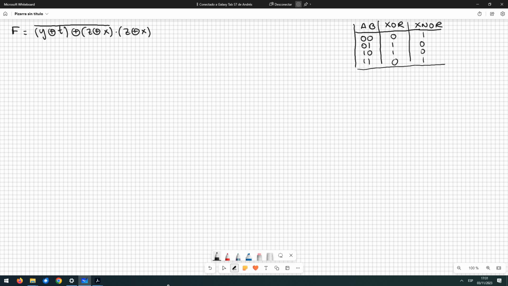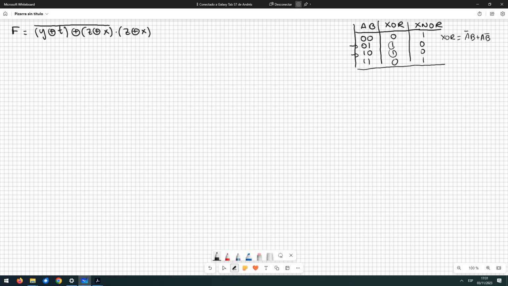For the XOR, we have the minterms, these 2 minterms. So according to Shannon, the XOR operation is A negated multiplied by B plus A multiplied by B negated. These 2 ones, just applying Shannon.